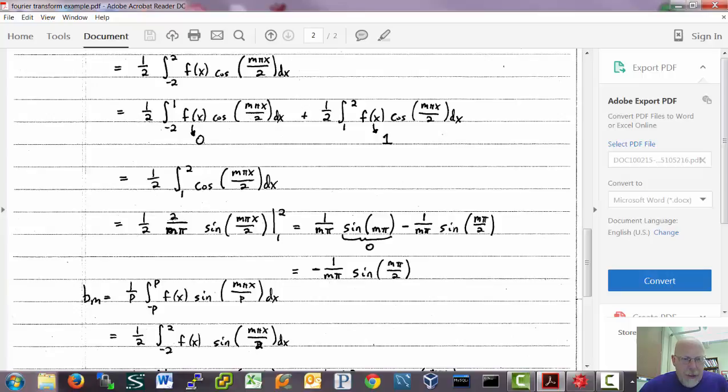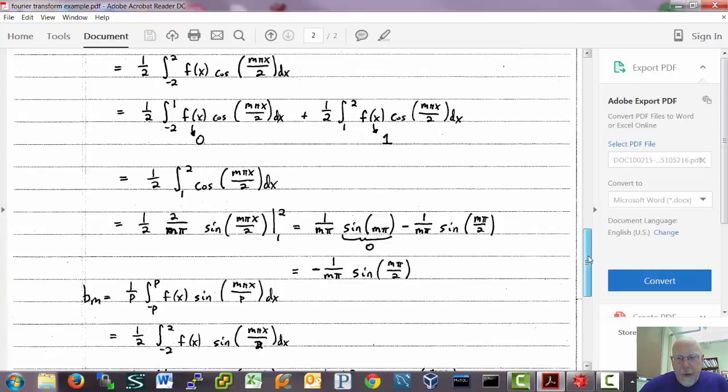Take the antiderivative, that's 2 over m times sine of m pi x over 2 from 1 to 2. Plug in 1 and 2. And when you plug in 2 for x, you get sine of m pi, and for an integer times pi, sine is always 0. So sine of 0 pi, sine of 1 pi, sine of 2 pi, sine of 3 pi, and so on.